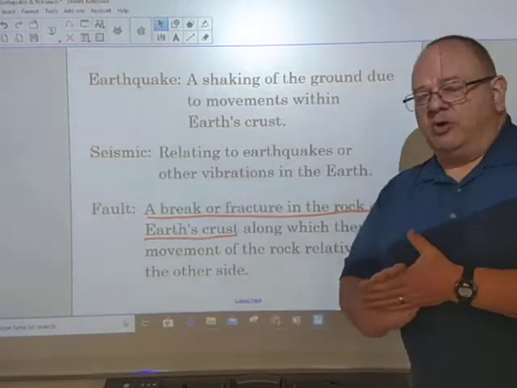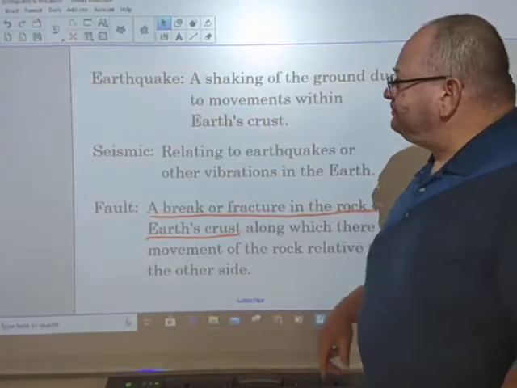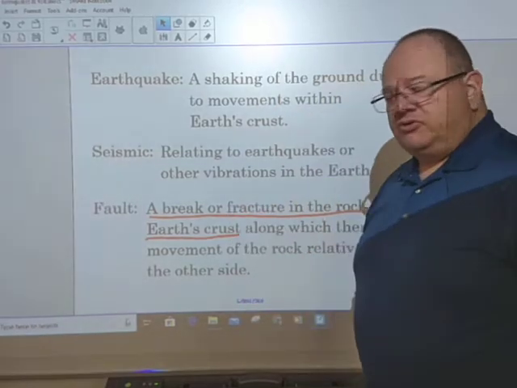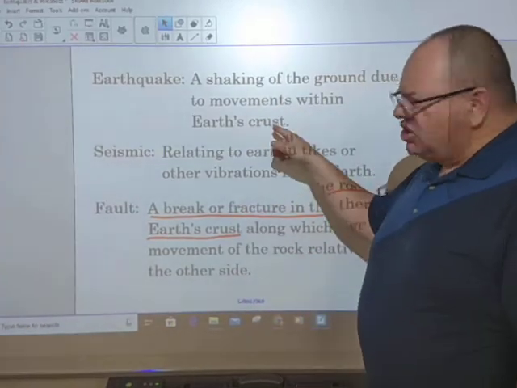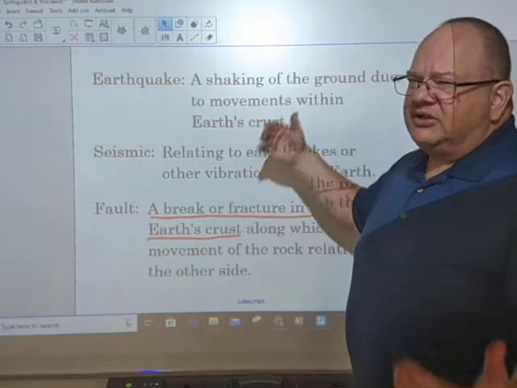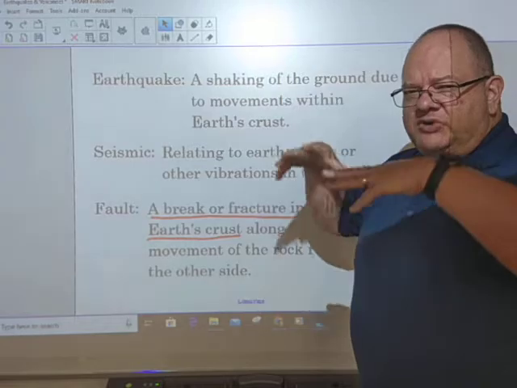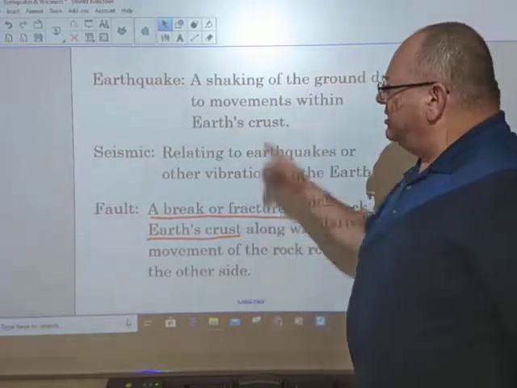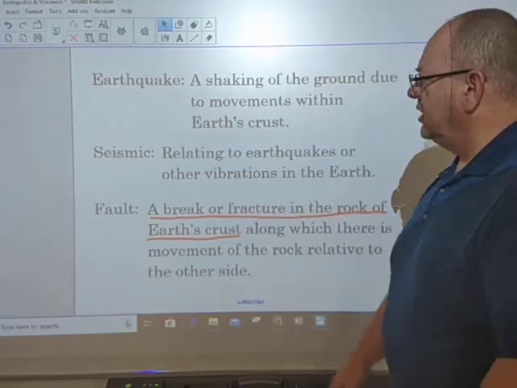So, let's get some terminology. What is an earthquake? It's a shaking of the ground due to movements within the Earth's crust. Okay? Sometimes you see it refers to crust, sometimes you see lithosphere, but earthquakes always happen relatively close to the surface of the Earth. And they create a quaking, a shaking. Okay?